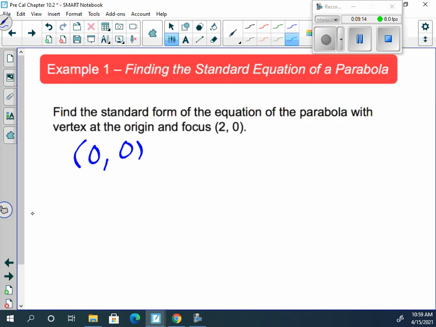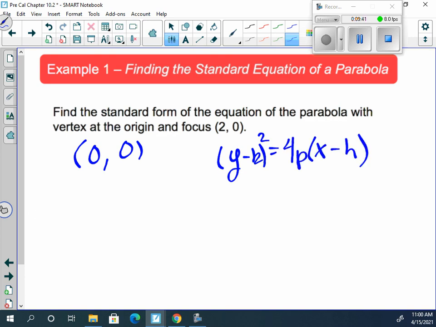The one that has a change in the x-axis, where the focus is h plus p comma k. Because between the vertex and focus, if the h changes, the first value changes, we're dealing with our y minus k squared is equal to 4p times x minus h.